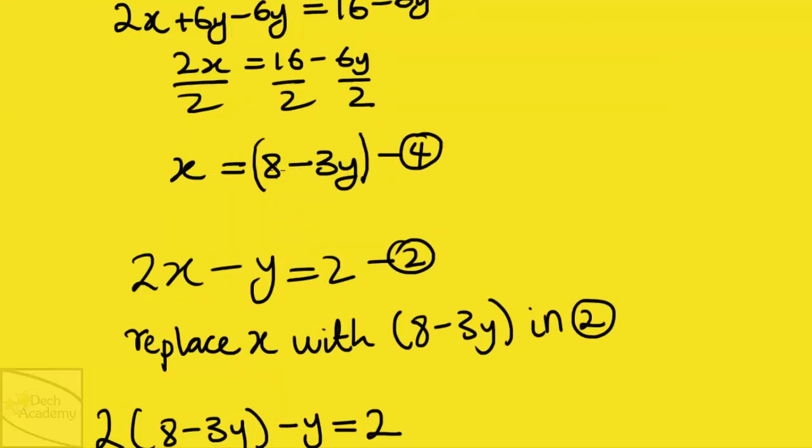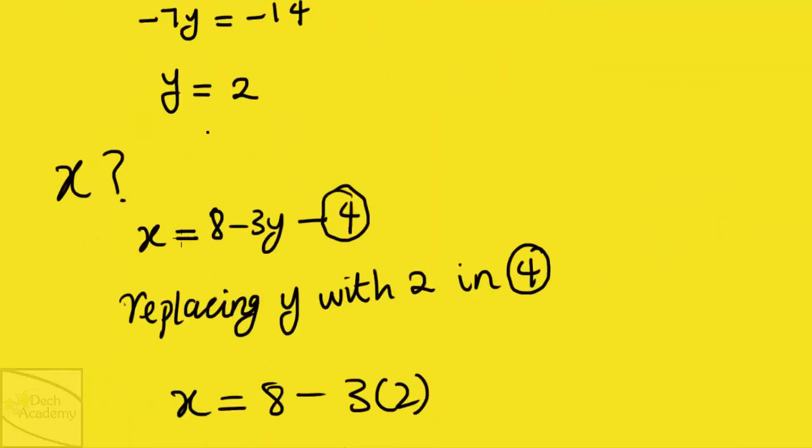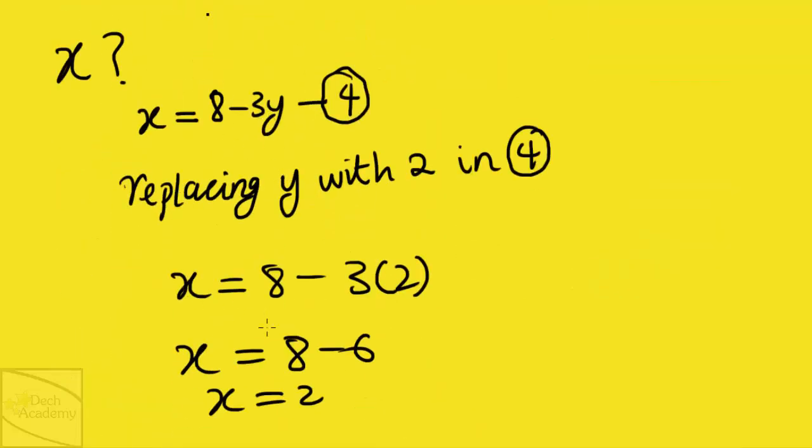It was very easy to use this equation because x was already the subject, and all we had to do was replace y with 2 and we got a result. We didn't even have to make x subject of the formula anymore. So this simplifies the problem.